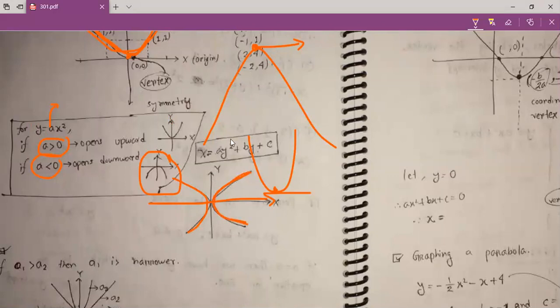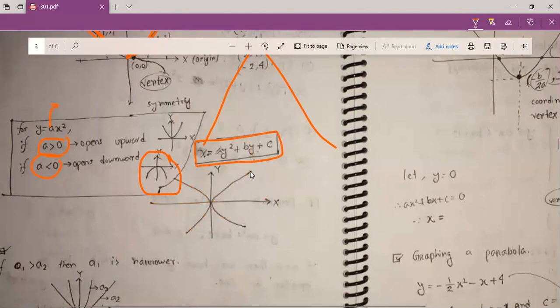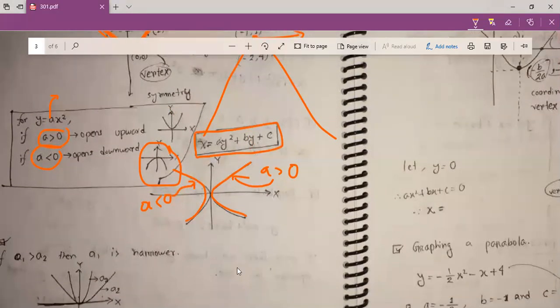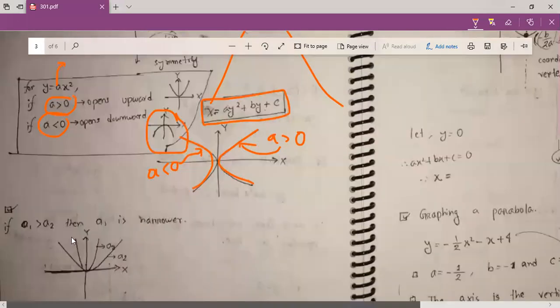So if the equation is like this, x is equal to ay square plus by plus c, then the parabola will be either this way or this way. If a is greater than 0, it will be like this way, and if a is less than 0, it will be this way, right?